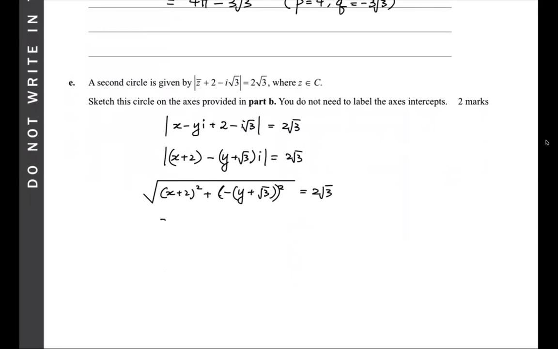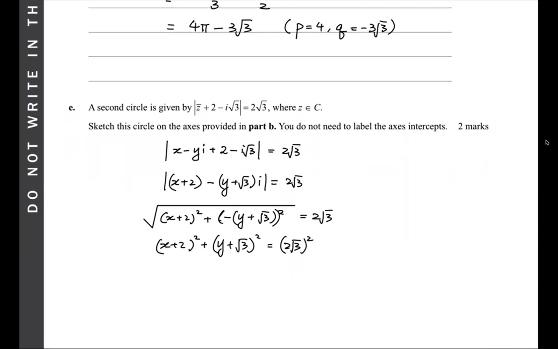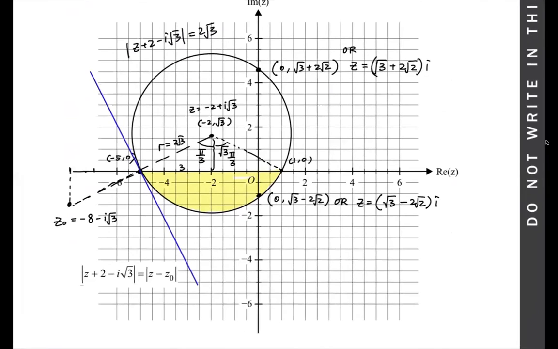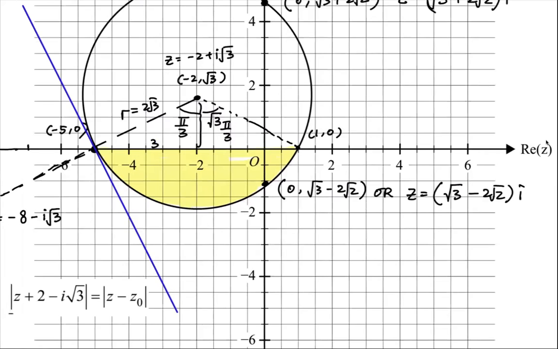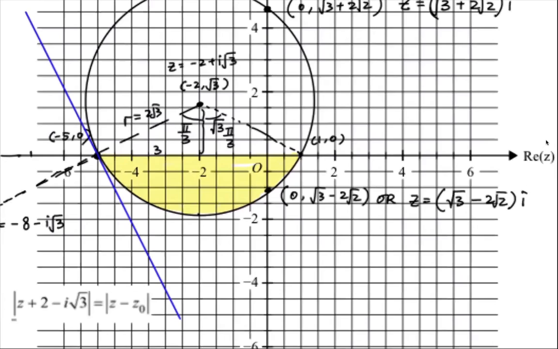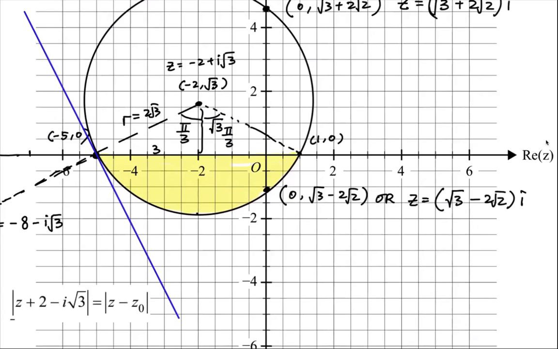So you get x plus 2 squared plus y plus root 3 squared equals to 2 root 3 squared, which means we are forming another circle with the same radius, but the location of the center changes to minus 2, minus root 3.